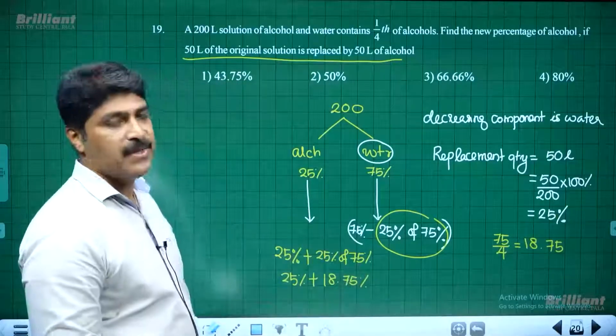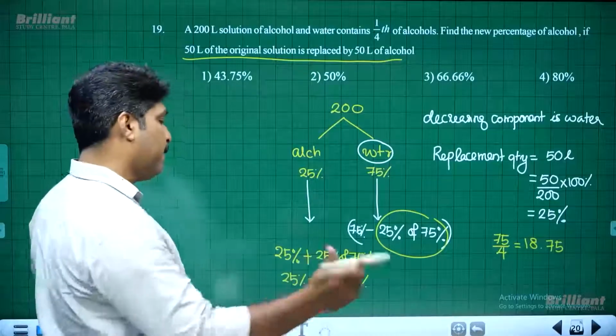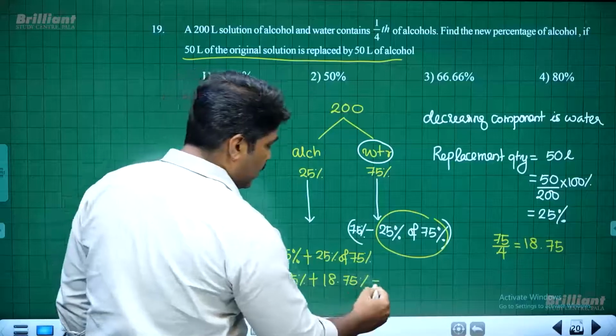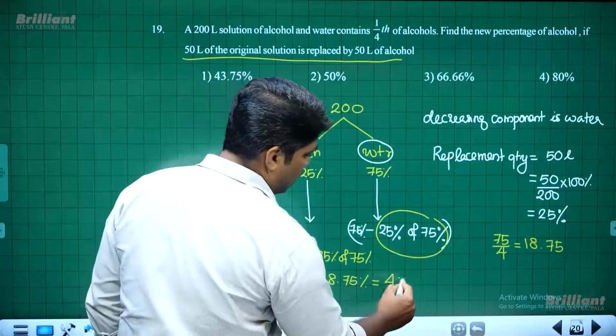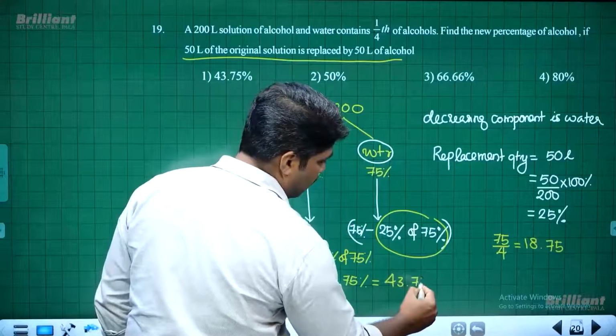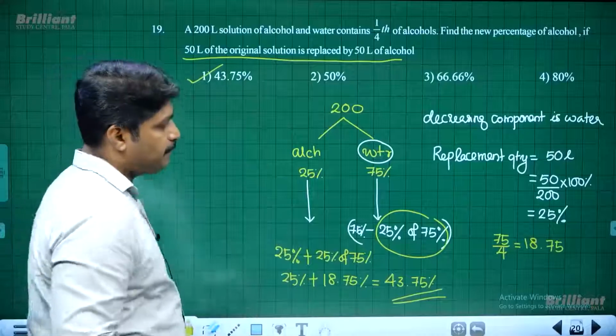So 25% plus 18.75%. Clear? So what is the answer here? 25 plus 18.75 is equal to 43.75%. So this is the answer.